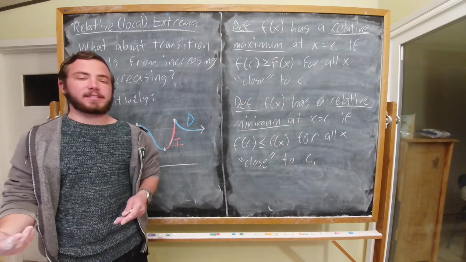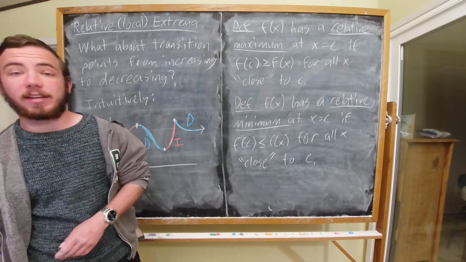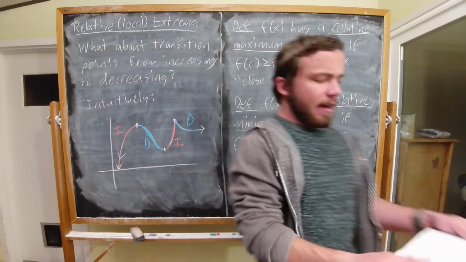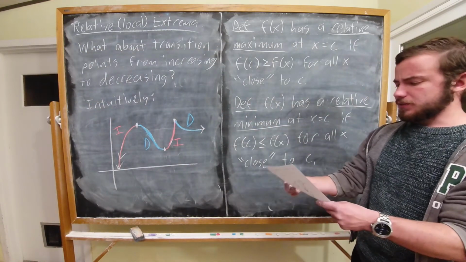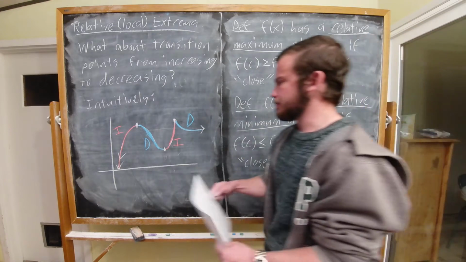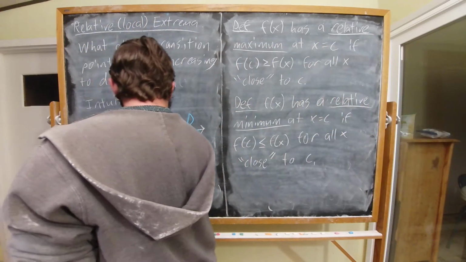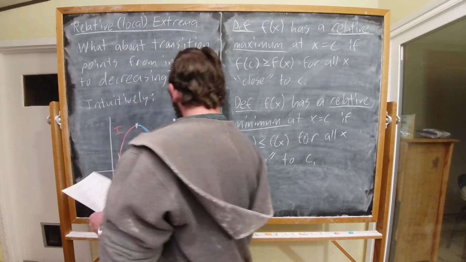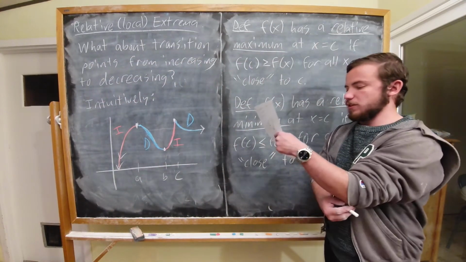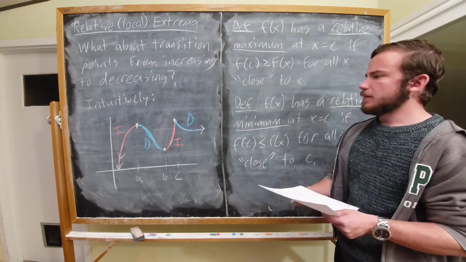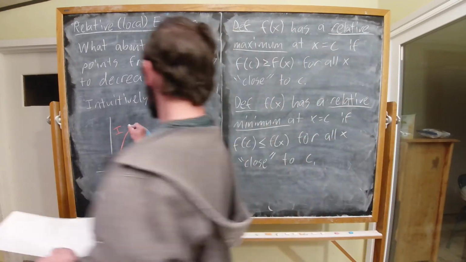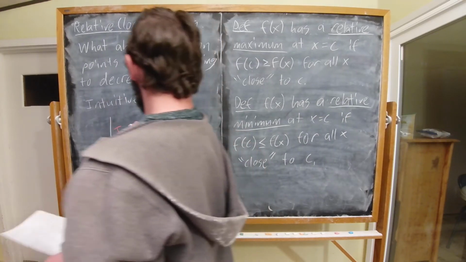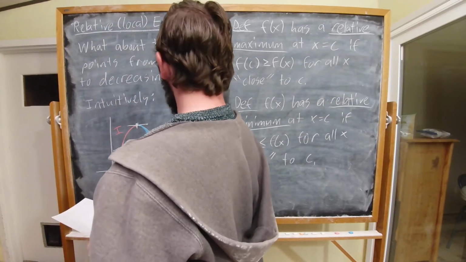So where does this all go into the derivative? Well, let's notice here that at any x value where we have a relative extremum, then either the derivative is 0 or it doesn't exist.